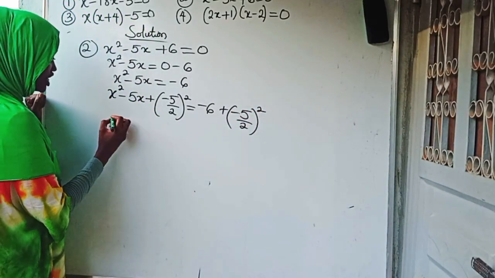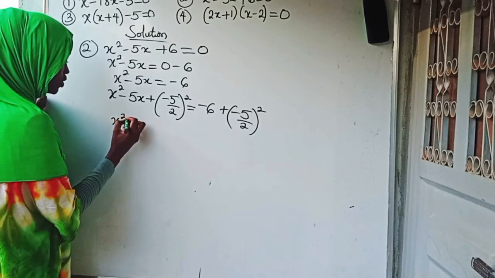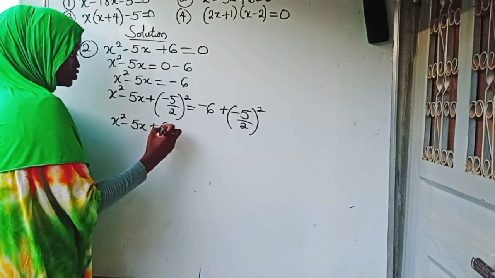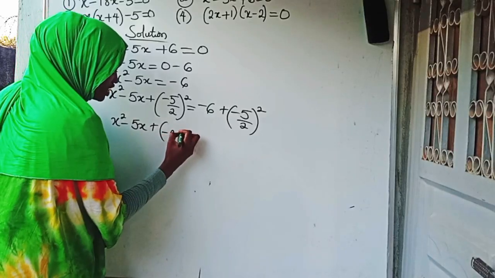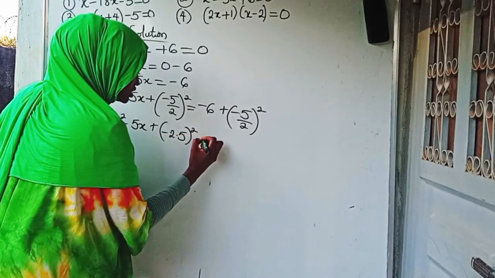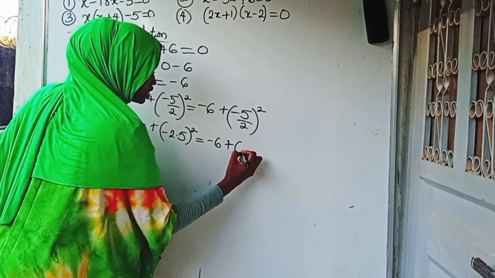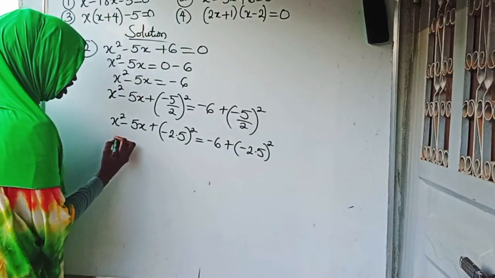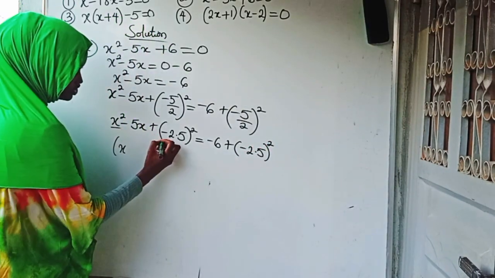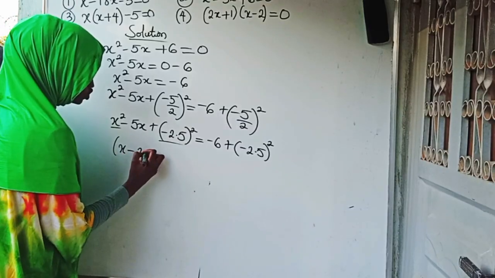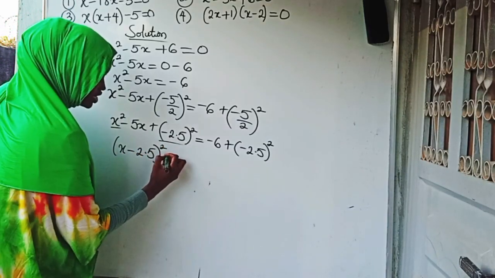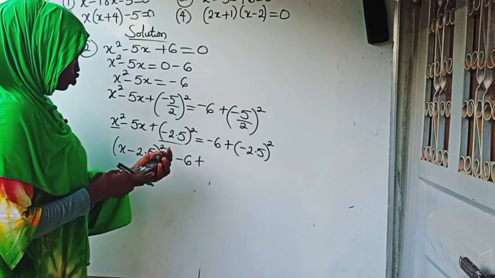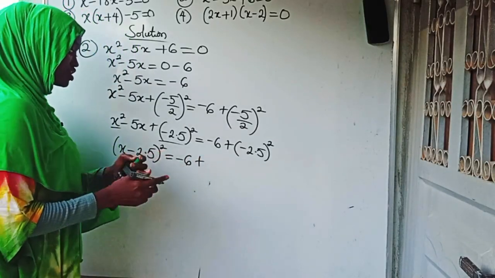Next, this becomes x squared minus 5x plus minus 2.5 squared, which is equal to minus 6 plus minus 2.5 squared. So we have x minus 2.5 all squared is equal to minus 6 plus, now minus 2.5 squared will give us what?